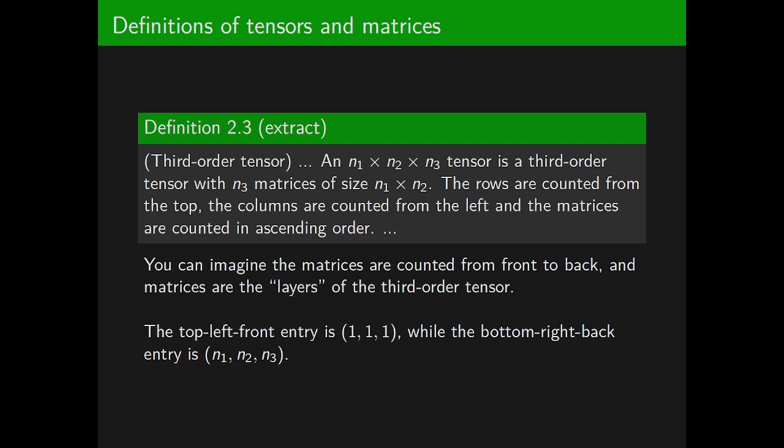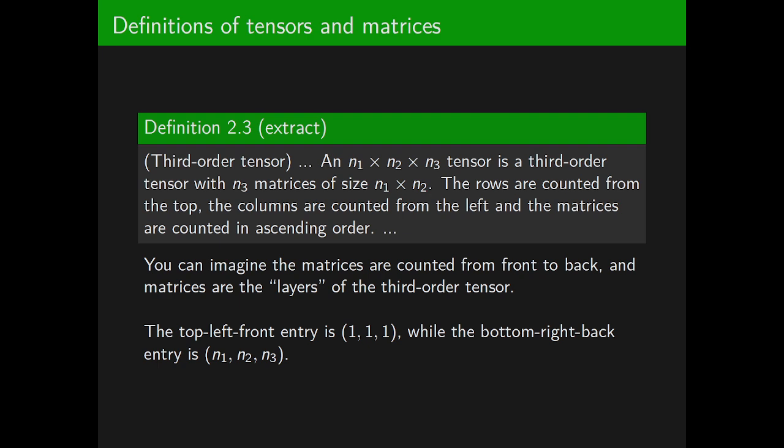It's a third order tensor with n3 matrices of size n1 times n2. You have to notice that n3 is the number of matrices that we are including in this single mathematical object, and each matrix has a size n1 times n2.